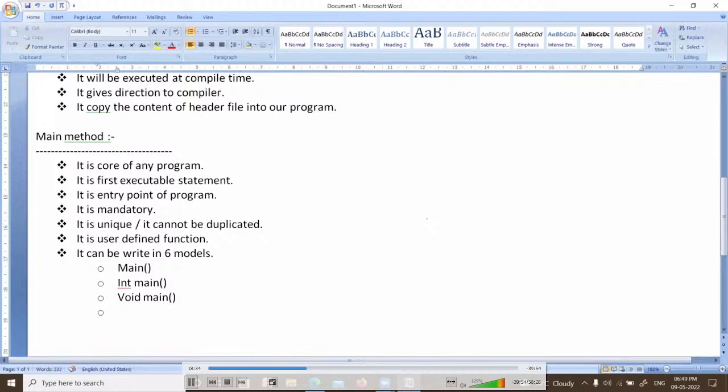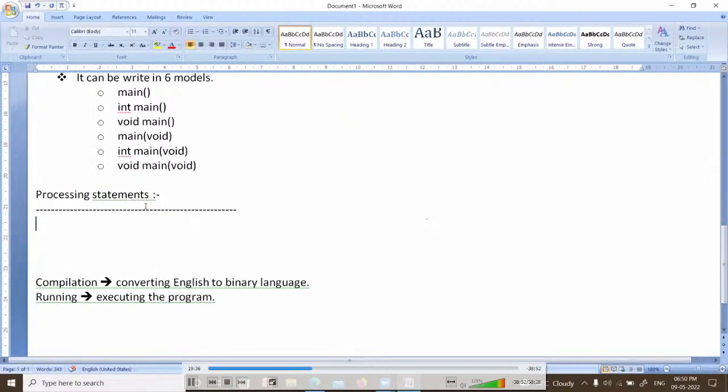Next, what are processing statements? Why do we have to write them? Why do we write a program? By writing a program, we can give a solution to a particular problem. There is a problem, and we need to write the solution for that. That solution is nothing but processing statements.